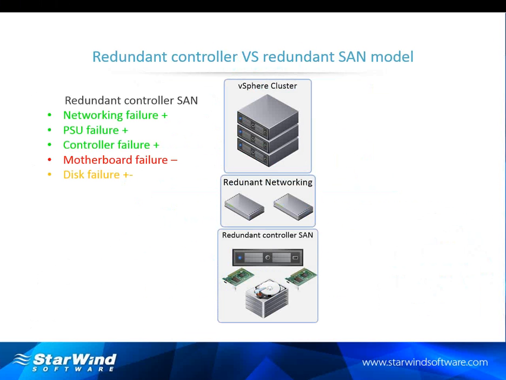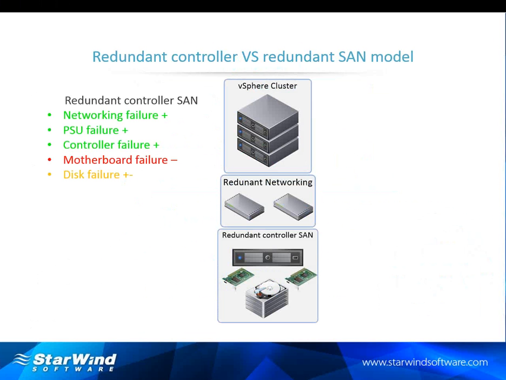So we can surely withstand a networking failure, of course, if we have redundant networking in place as well. Then we can withstand a power supply failure, a thing which happens quite often. And of course, we can withstand a controller failure. Otherwise, there is no use for a redundant controller.